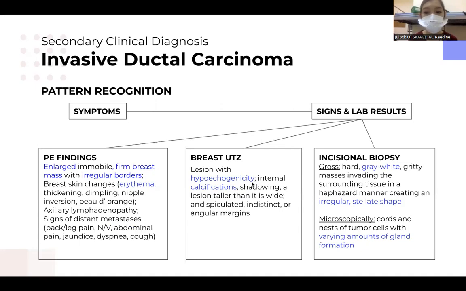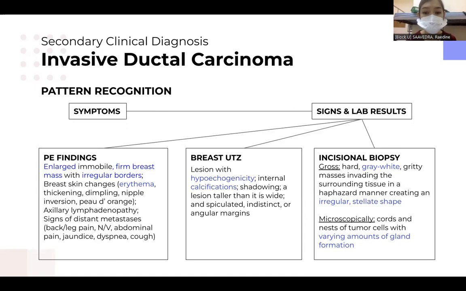For the signs and lab results, the PE findings expected in invasive ductal carcinoma are the following: enlarged, immobile, firm breast mass with irregular borders, breast skin changes such as erythema, thickening, dimpling, nipple inversion, and peau d'orange. Axillary lymphadenopathy can also be expected if there is a locoregional metastasis.